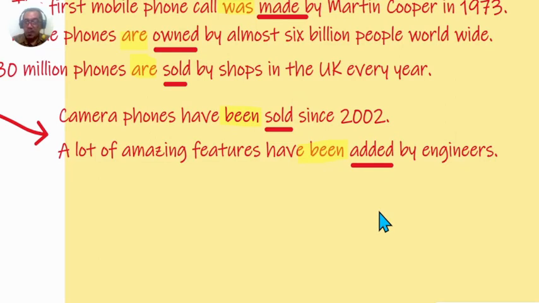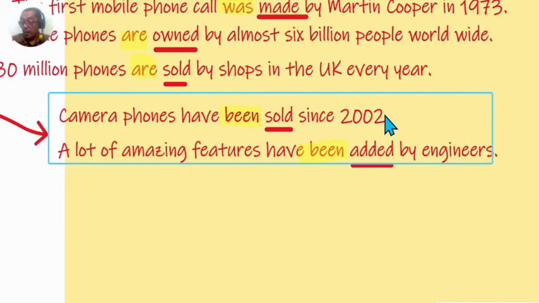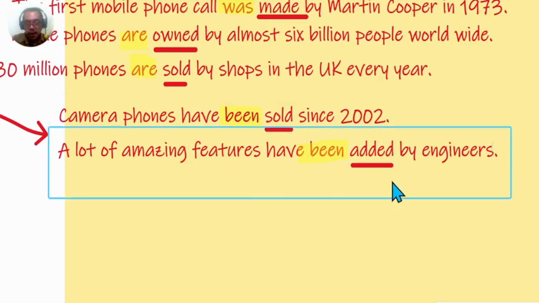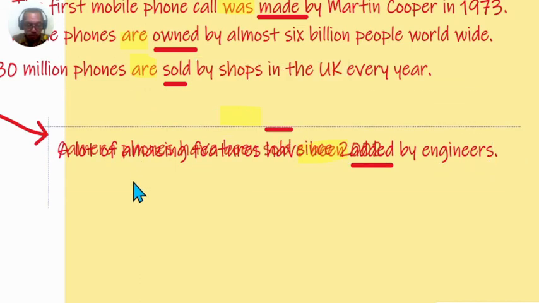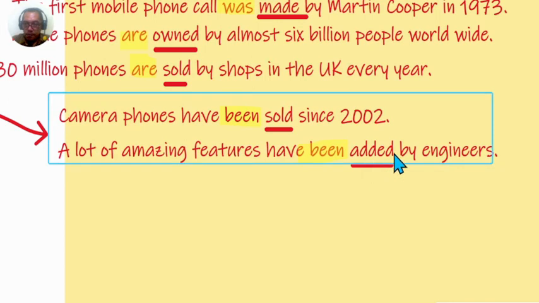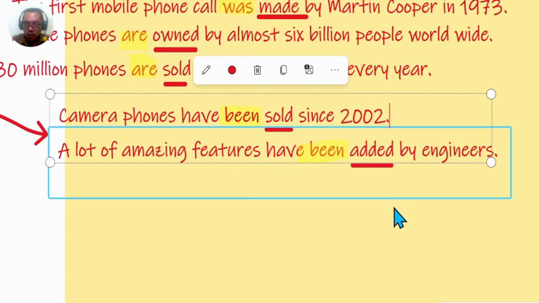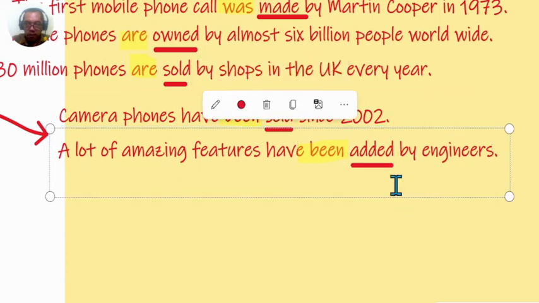Camera phones have been sold since 2002. So this sentence is also correct. But again, you need to understand that this is the passive voice. So the doer is not important. Or like this, the last sentence: a lot of amazing features have been added by engineers.